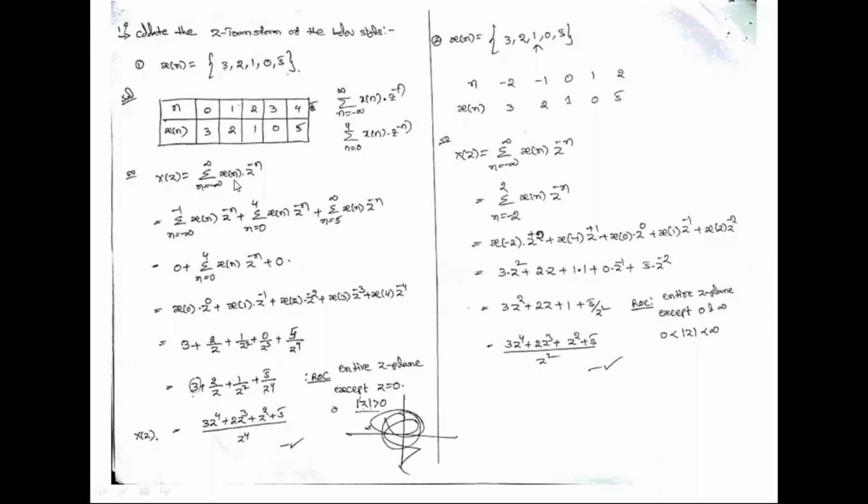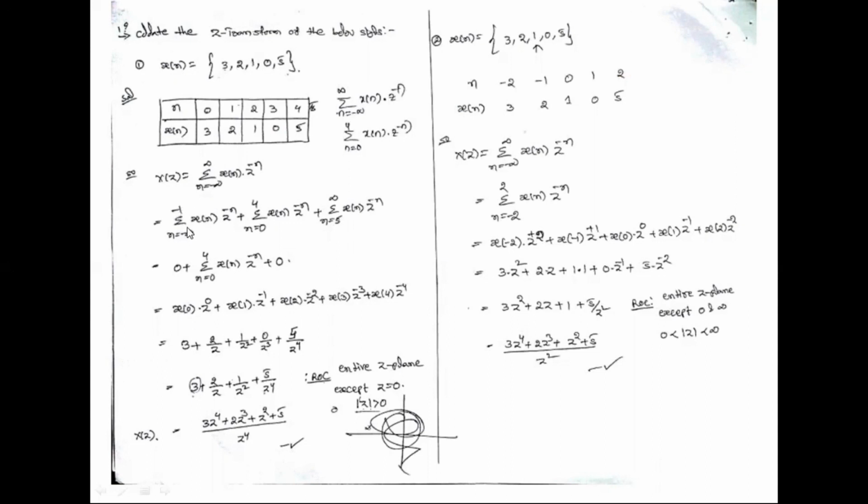Now take the definition of the Z transformation. X of z is equal to the sum of n is equal to minus infinity to infinity of x of n z power minus n. That is, the sum from n is equal to minus infinity to minus 1. Why are we taking minus infinity to minus 1?